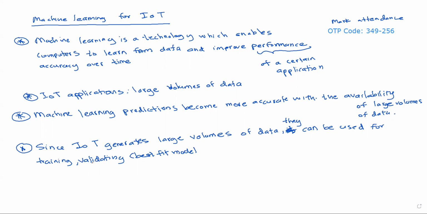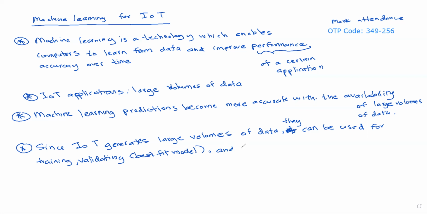Under the validating phase, we try to improve further the model that we obtain from the training phase, and find the best fit model that handles extreme cases and worst case scenarios and will function accurately in almost any scenario.